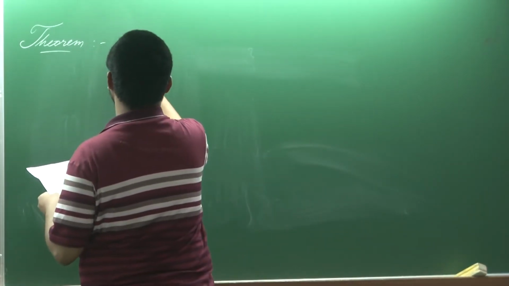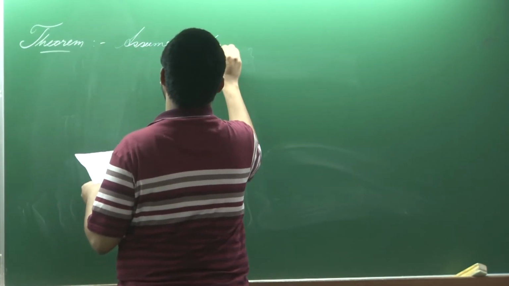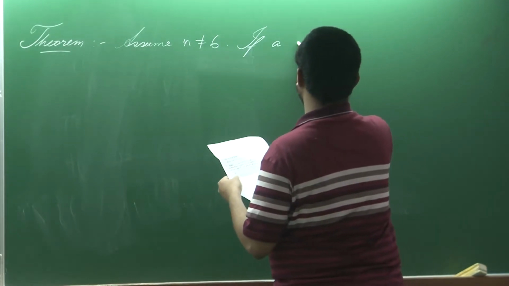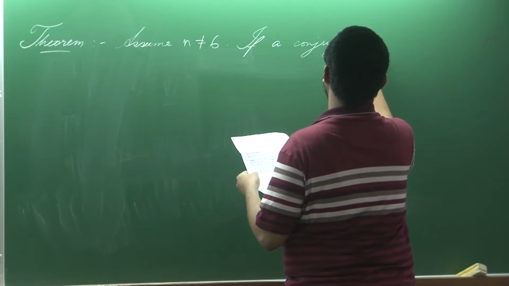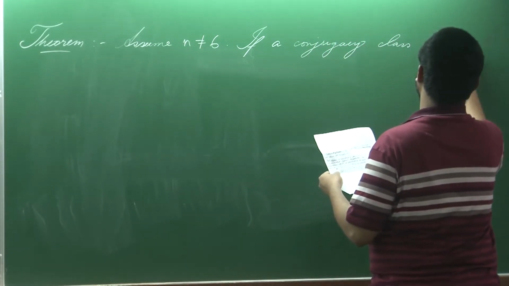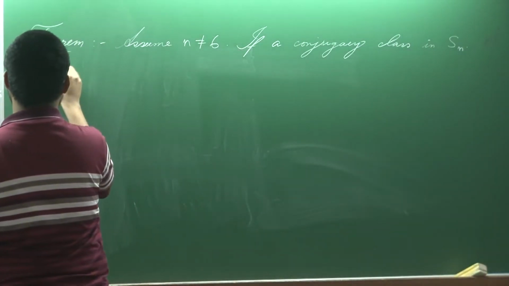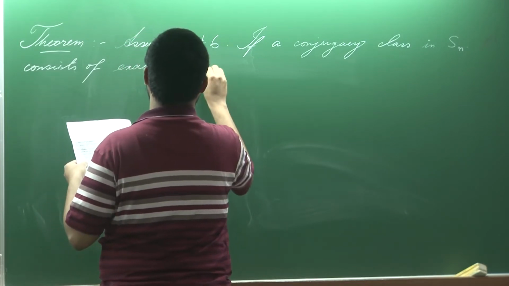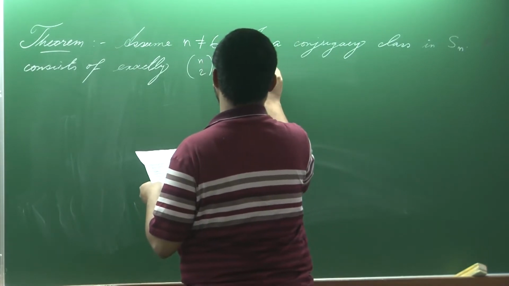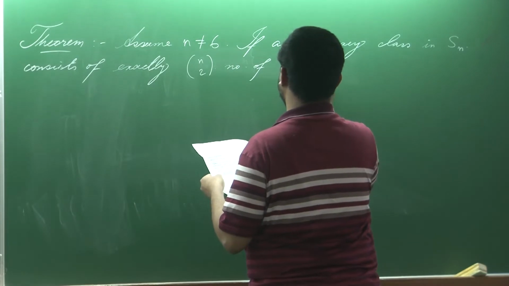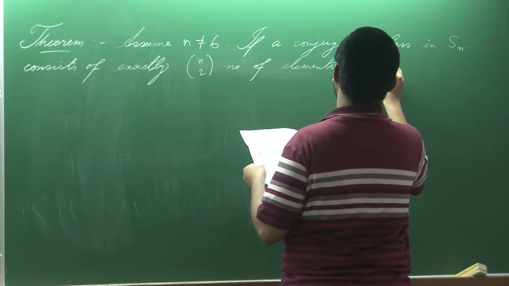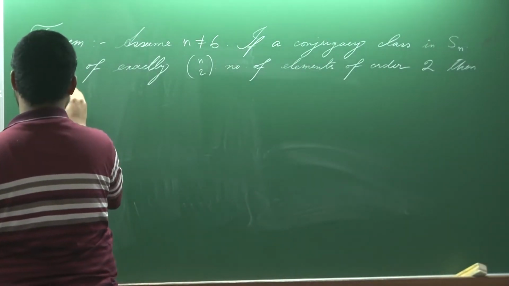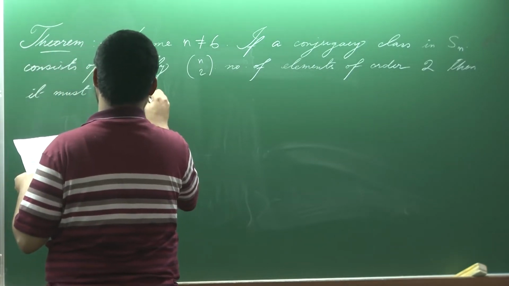So, it says, first assume n is not equal to 6, that if a conjugacy class in Sn consists of precisely nC2 number of elements of order 2, then it must contain a transposition.